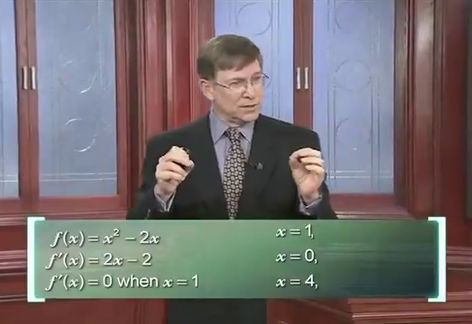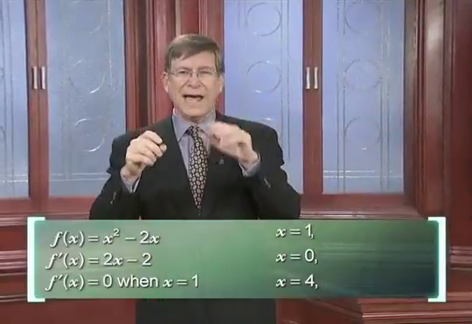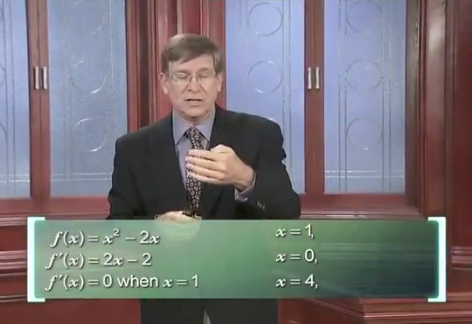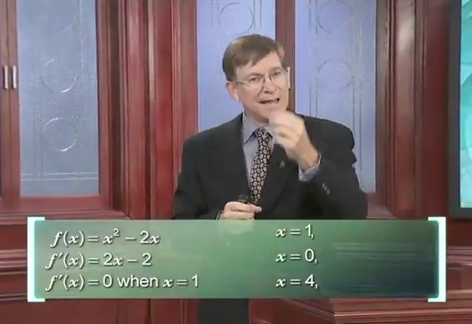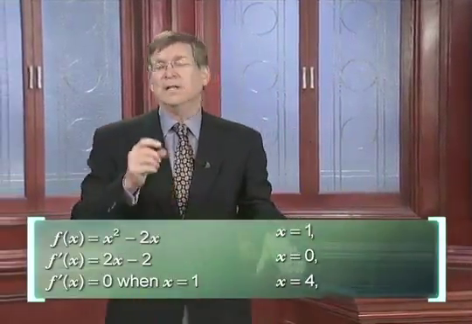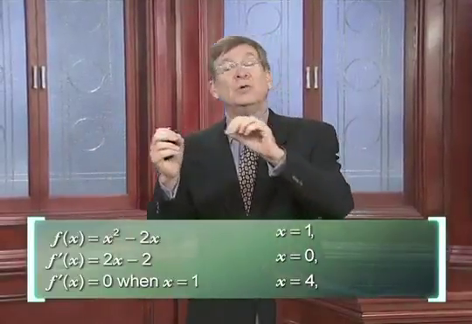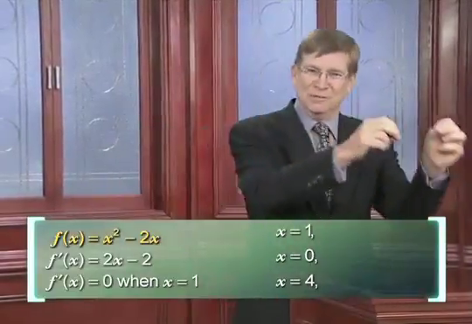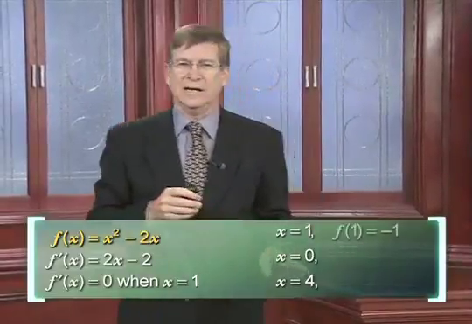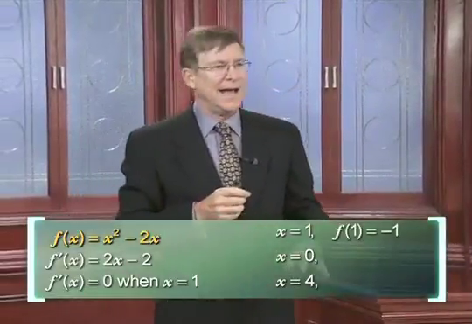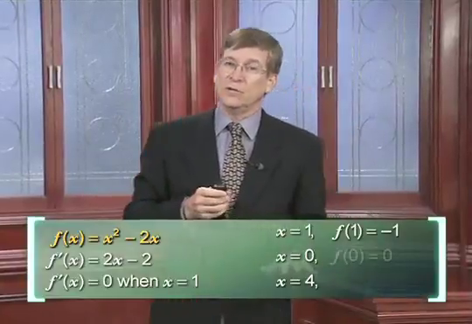So what you do is you evaluate your function at all of these 3 candidates. These are the candidates for the absolute maximum and the absolute minimum. Well, let me evaluate them. You evaluate, by the way, back in the original function. So f of 1, if I plug it into the original function, I get minus 1. At x equals 0, the function equals 0.